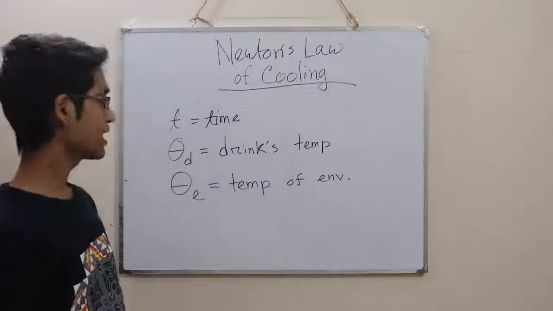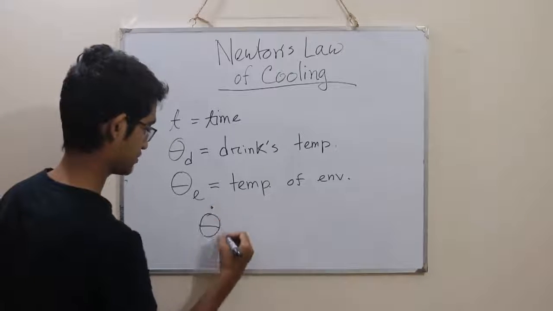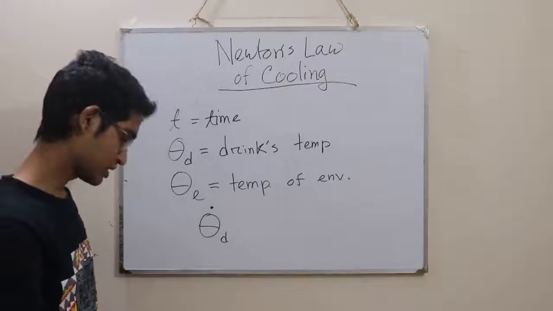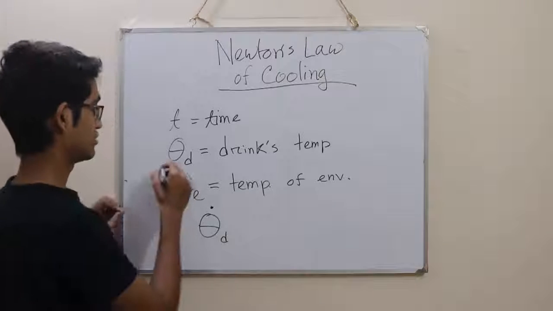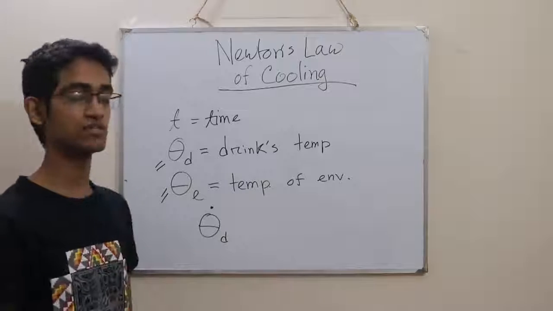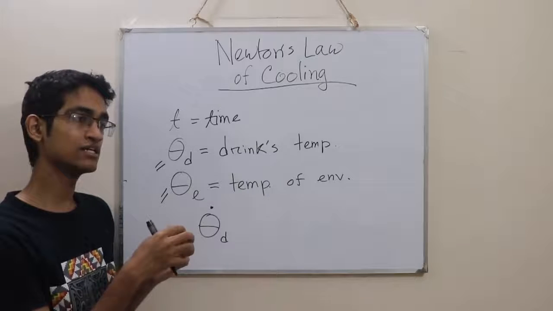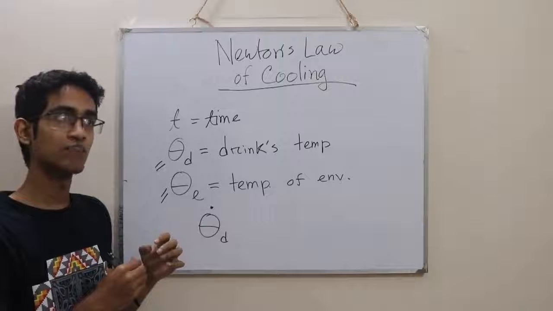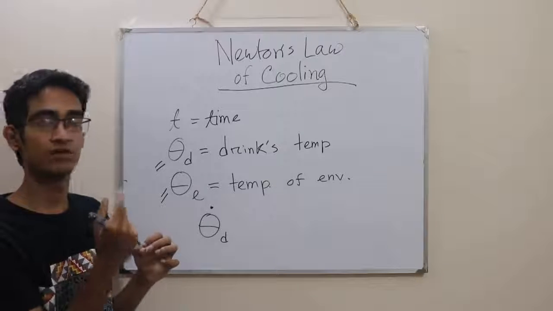So the rate of change of theta d, theta d dot, is dependent on itself and the temperature of the environment, because we understand that if theta d is very low, it will change a lot in a very small time.